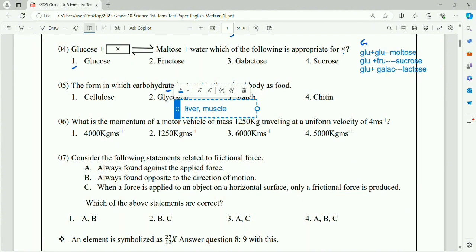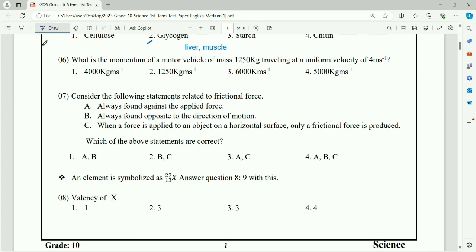Nearly 100 gram of carbohydrate can be stored in the liver and nearly 300 gram in the muscles. So the answer would be glycogen. Then move to question number 6.